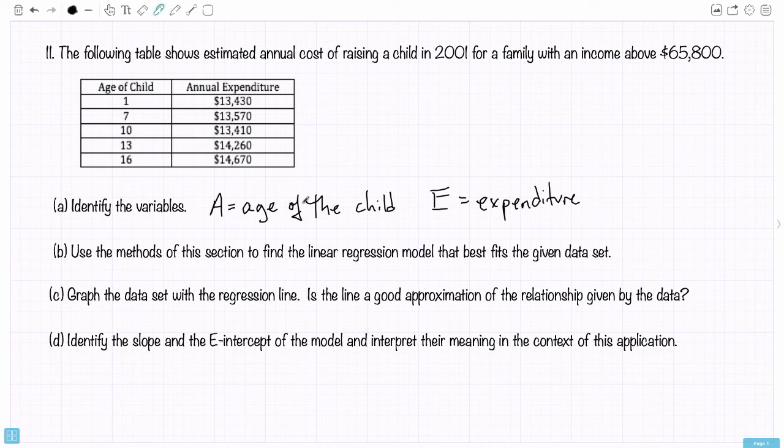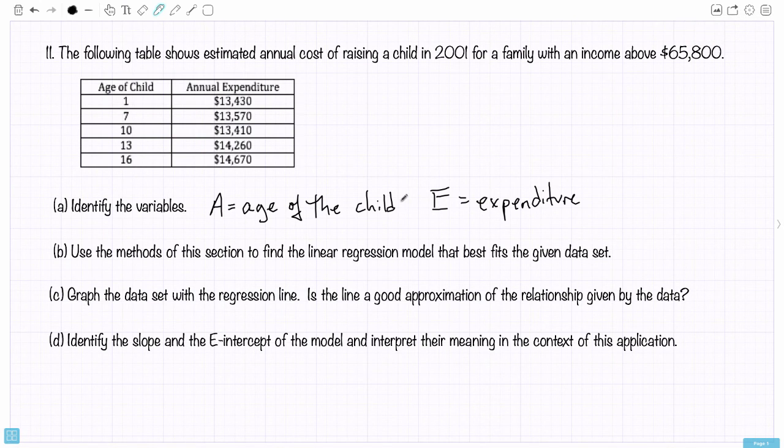It's important to make the connection that A should be the independent variable, basically what would often be X, and then E should be the dependent variable, what's often the Y, the output value, the range value. So the domain of the function is age, and for each age there's an expenditure.